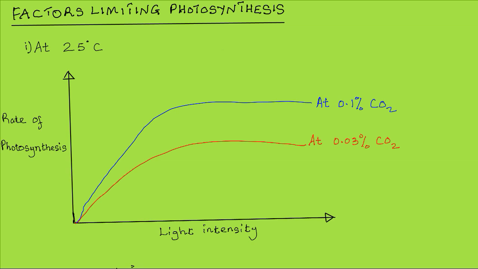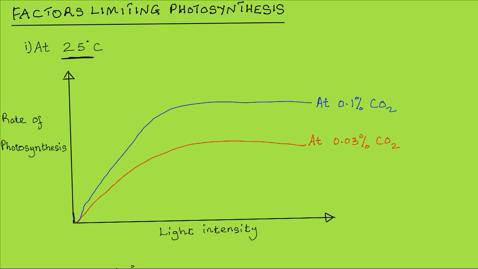Now, for example, if any of these factors is increasing at any one particular time, then the rate of photosynthesis will also increase until a certain point, then begin to level off. For example, increasing carbon dioxide concentration at a constant temperature of 25 degrees C will increase the rate of photosynthesis at optimum light intensity.